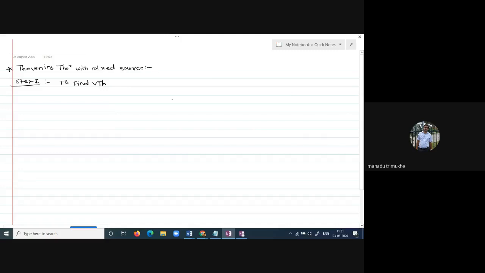So to find VTH, suppose you have a network with a mixed source, the same method you have to apply.